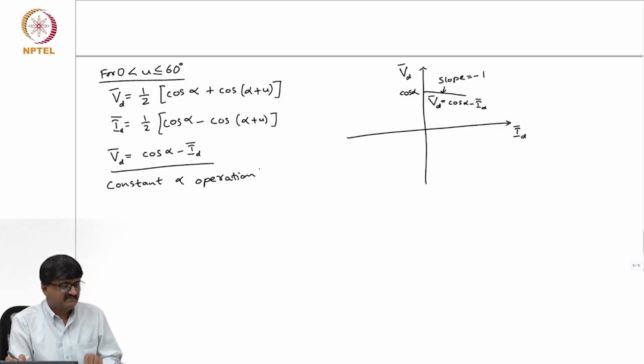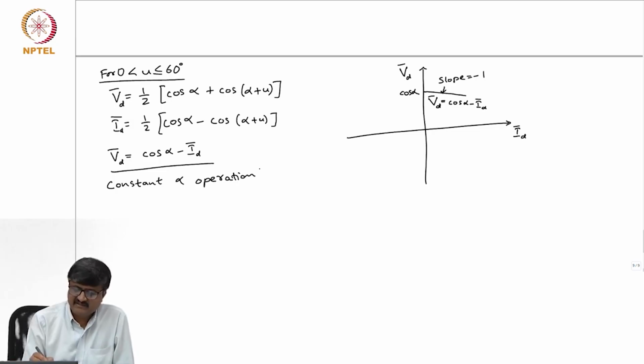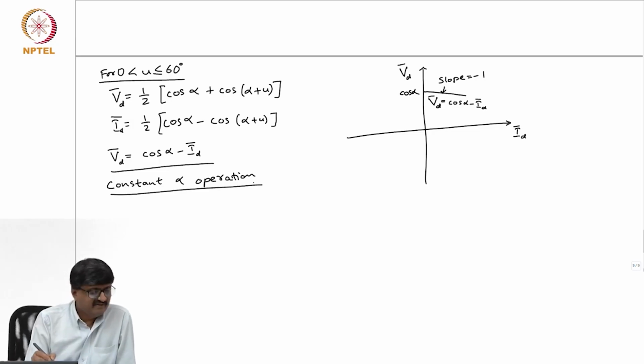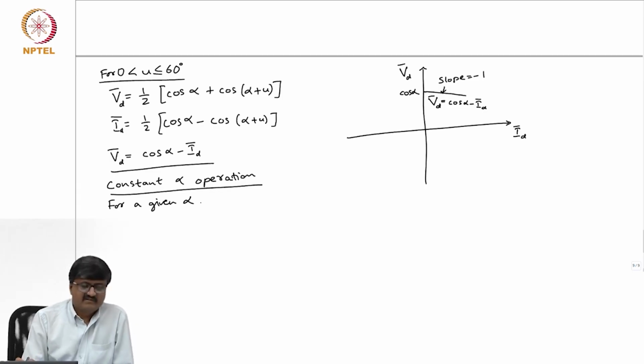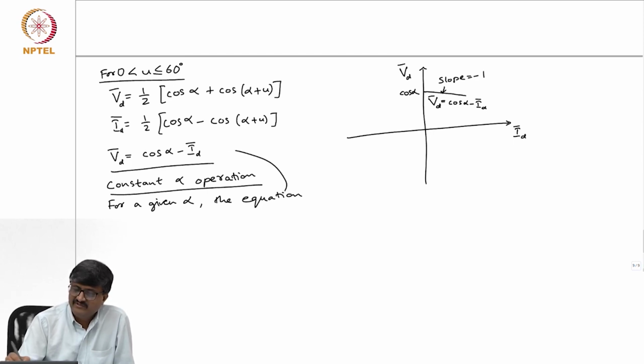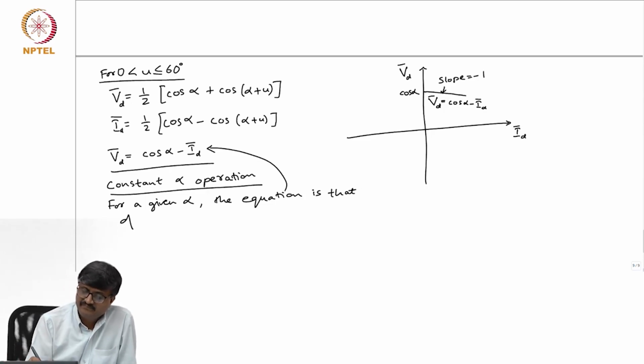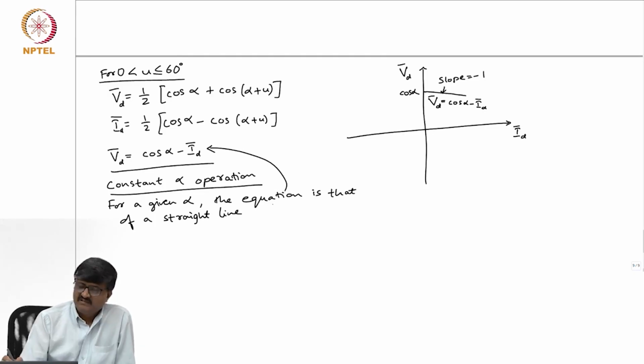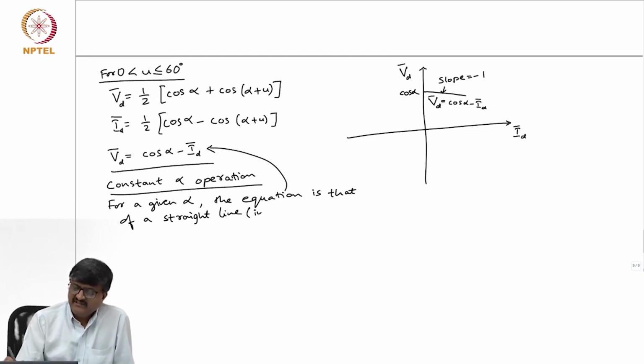For a given alpha, the equation I'm referring to is that of a straight line in the graph of ID versus VD.